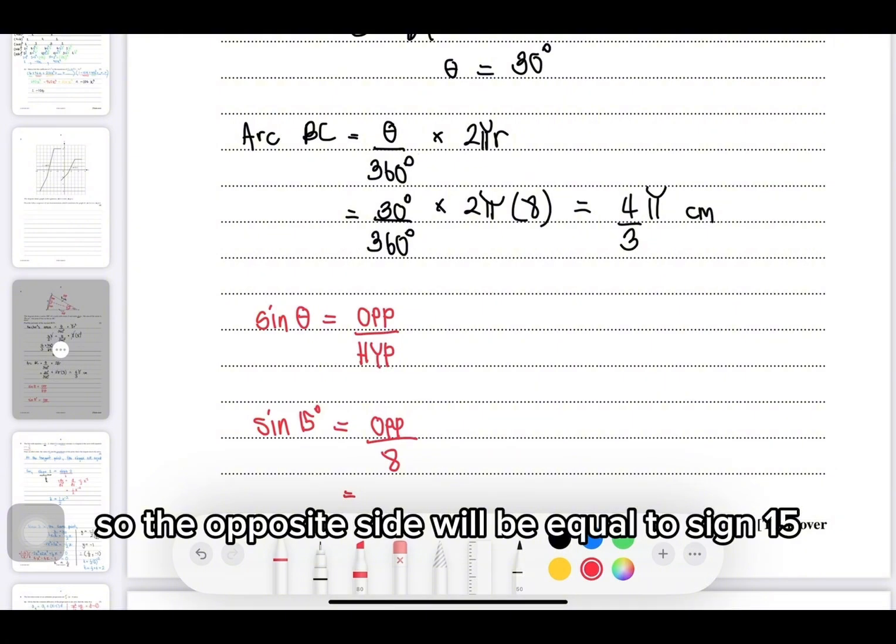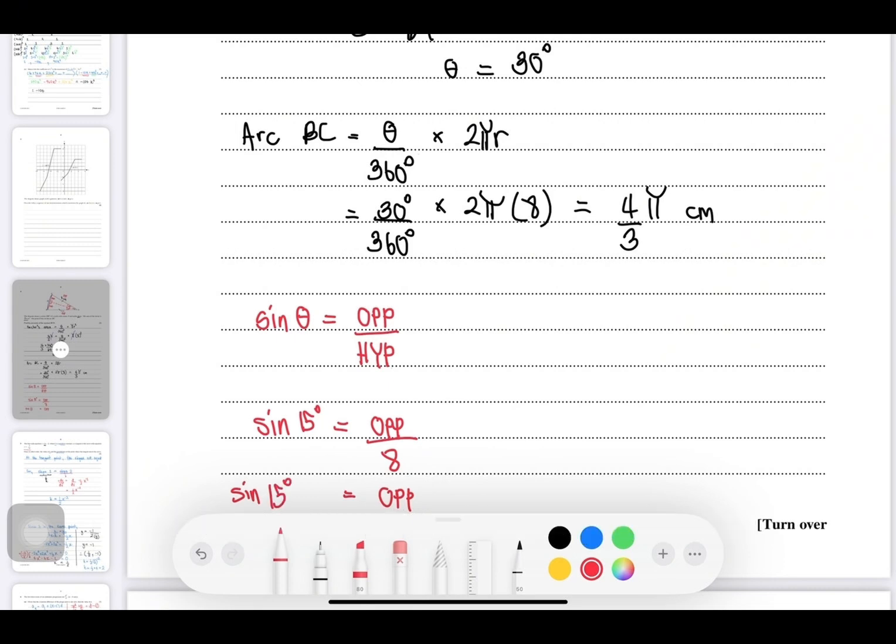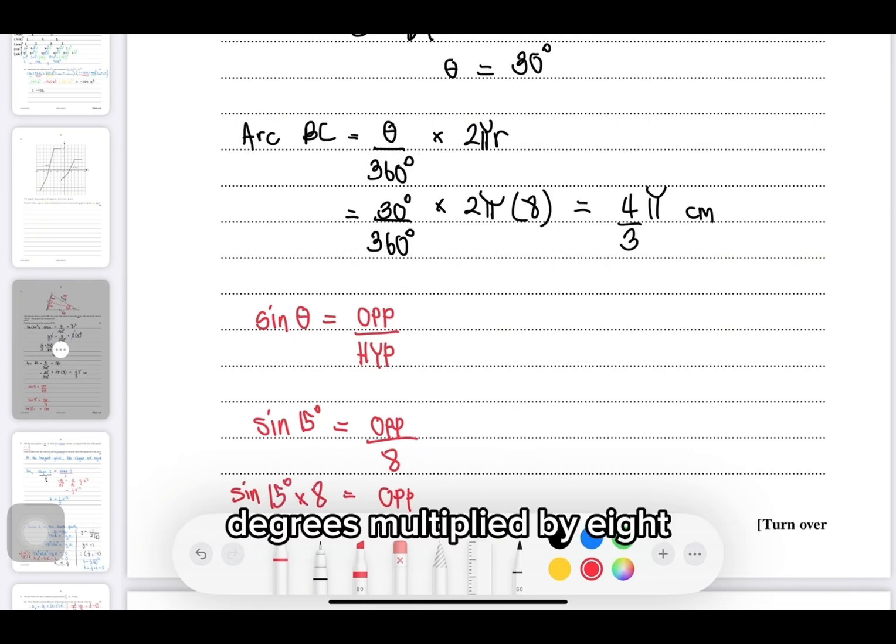So the opposite side will be equal to sine 15 degrees multiplied by 8.